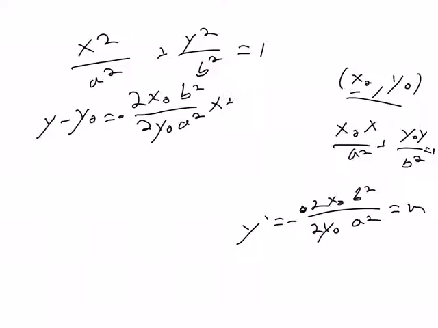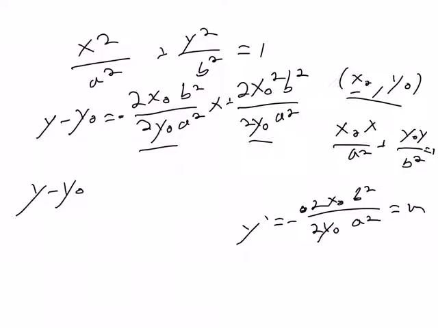We have the x0 here, so this is going to be 2x0 squared b squared over 2y0 a squared. So we can actually take the entire bottom part, take it out, move it to the other side.